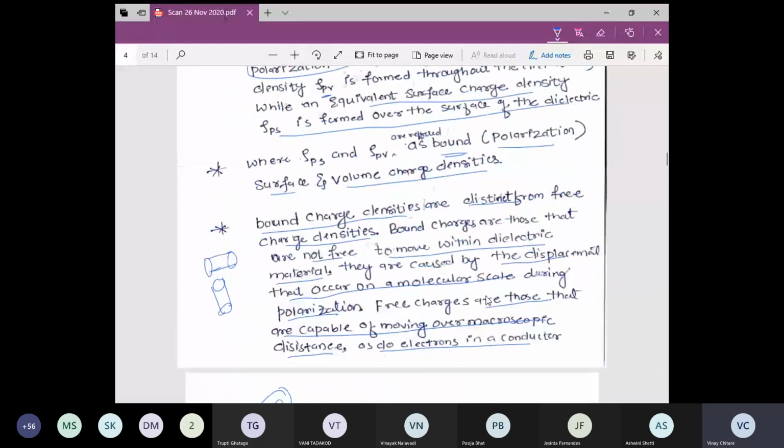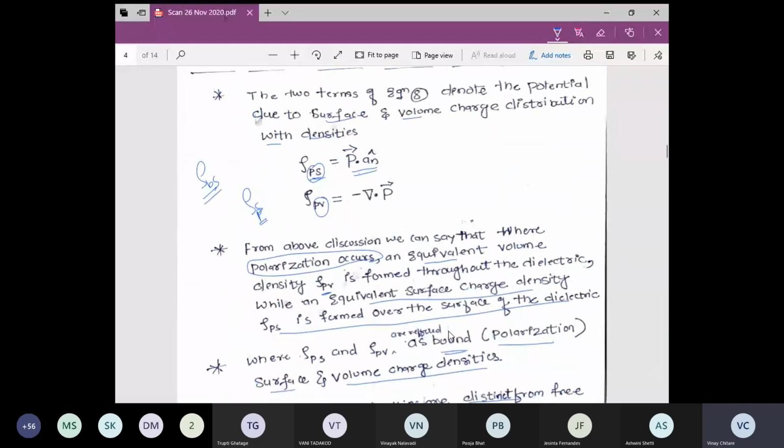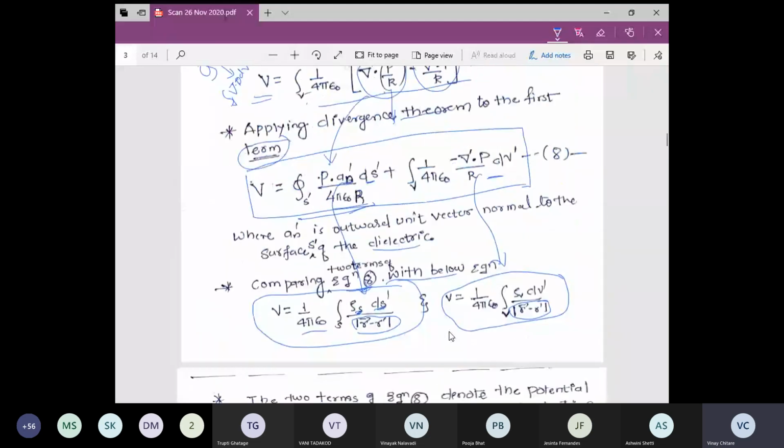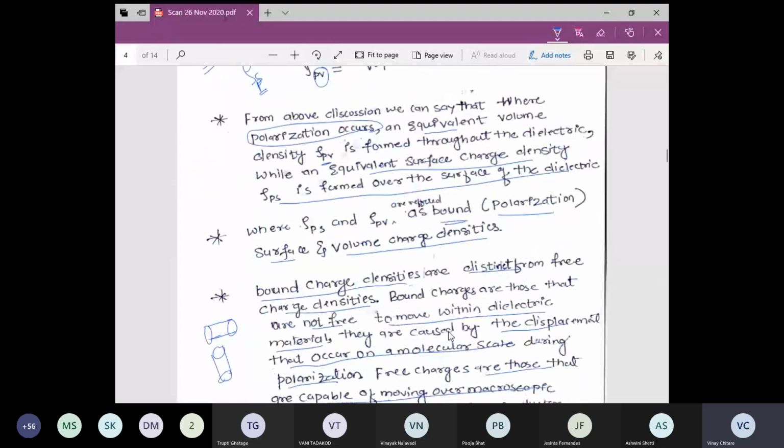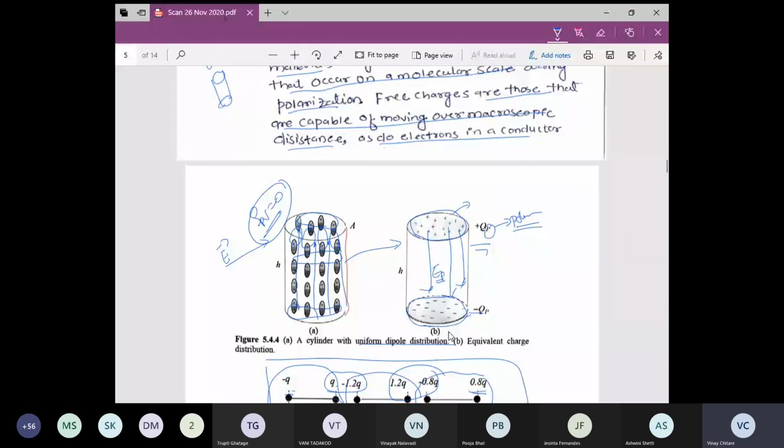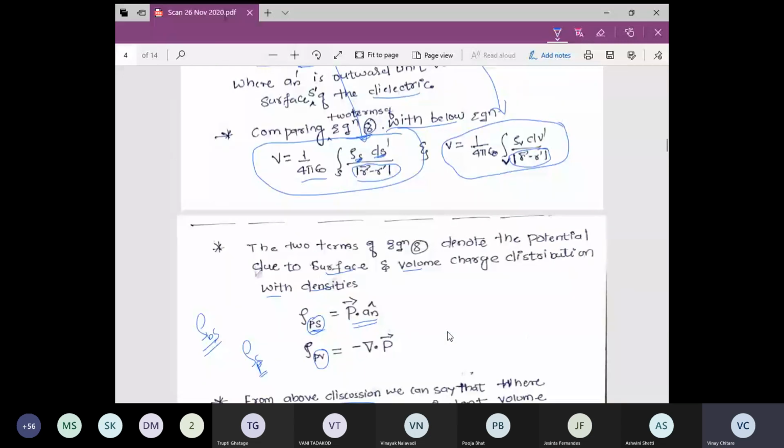So what is the whole picture we are trying to see? When you take a dielectric material and apply an electric field, it undergoes polarization, and we can see this polarization as bound surface charge densities and volume charge densities.